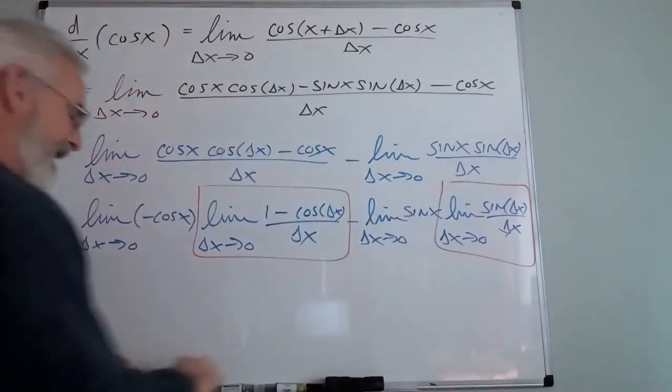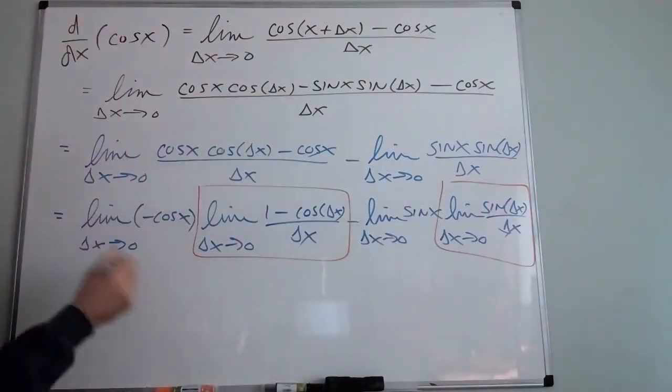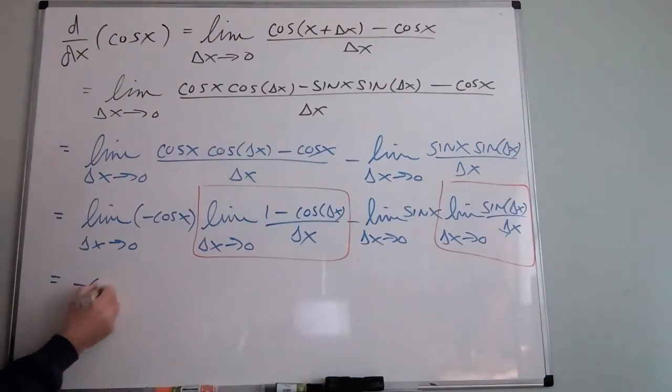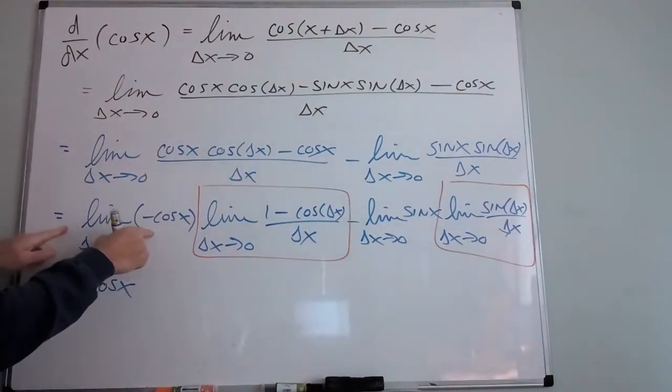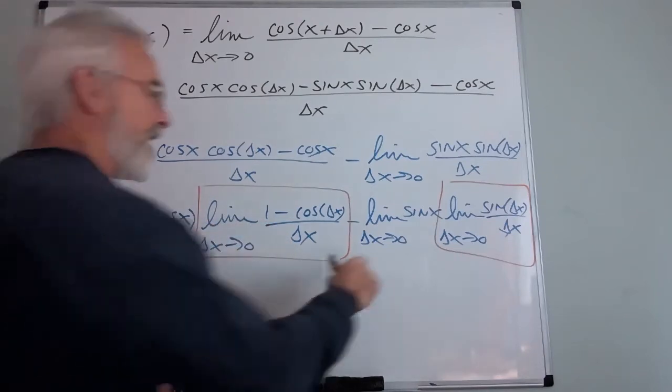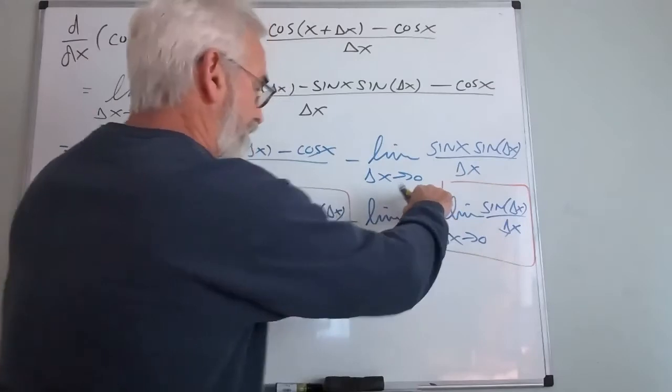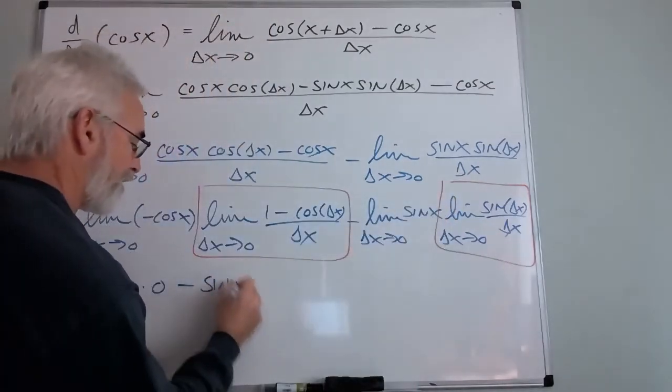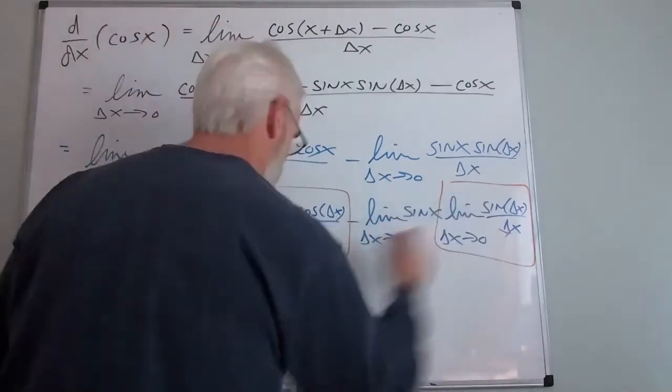But until those are standalones, I can't evaluate them. So on the left side, this is clearly the negative of the cosine. That's what the first limit would be, times 0. Minus, as delta x goes to 0, the sine function just stays the sine function because there's no delta x in the argument. And then that term is 1.